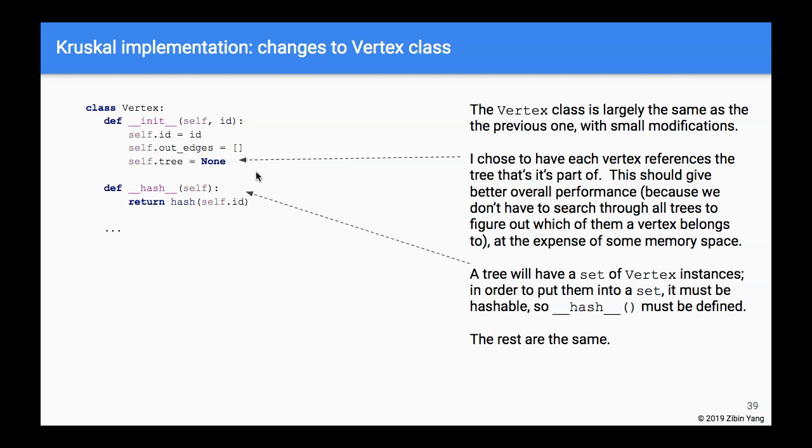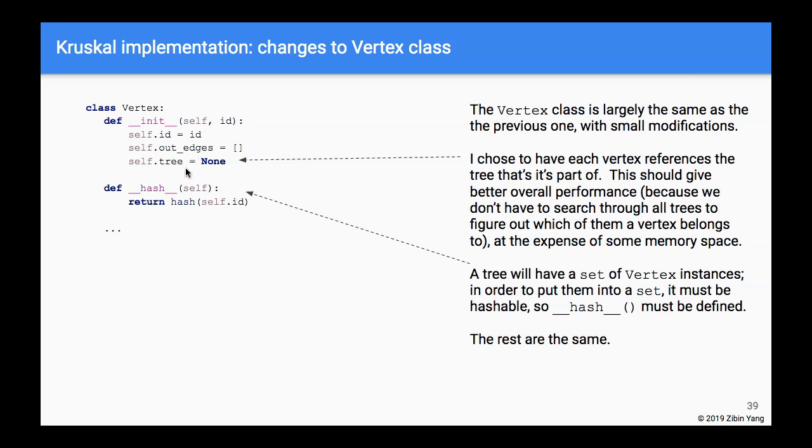One is for each tree, we can contain a set of vertices, and then in order to figure out which tree a vertex belongs to, we look through all the trees and see if the vertex is in that tree. That, to me, is a little bit slow.